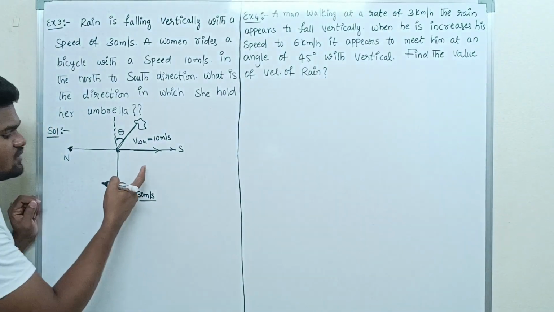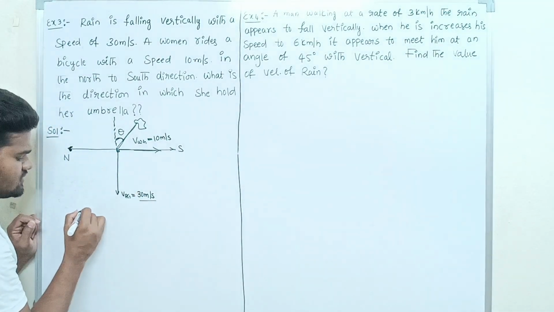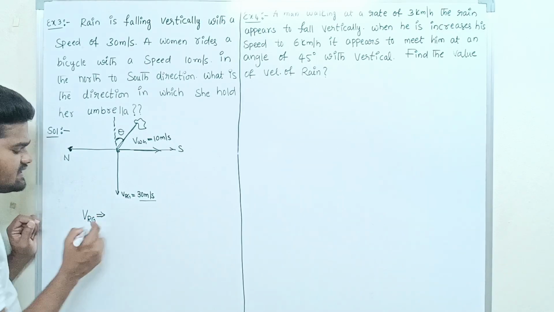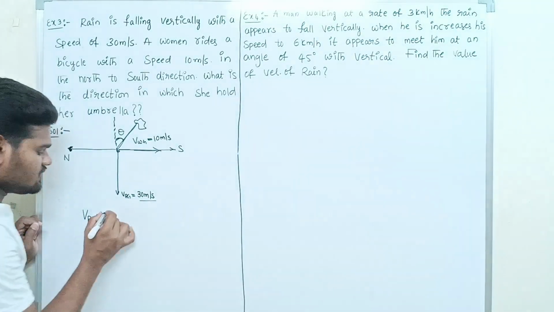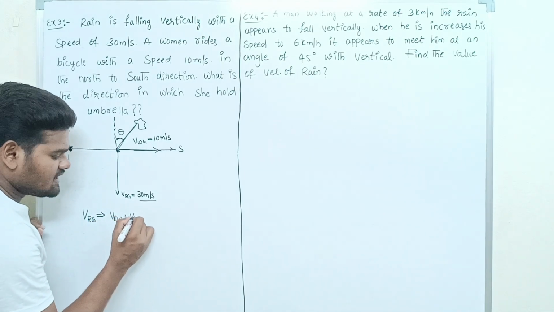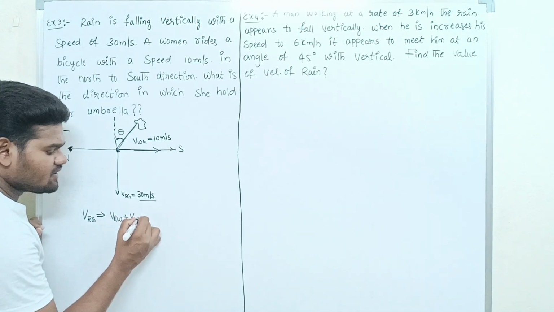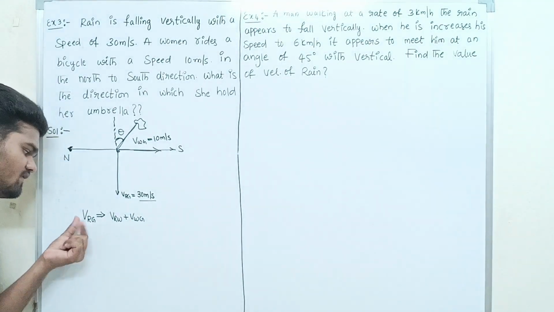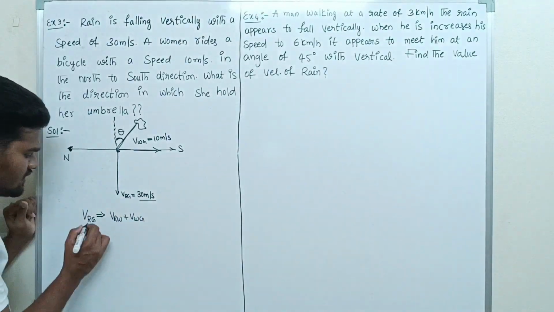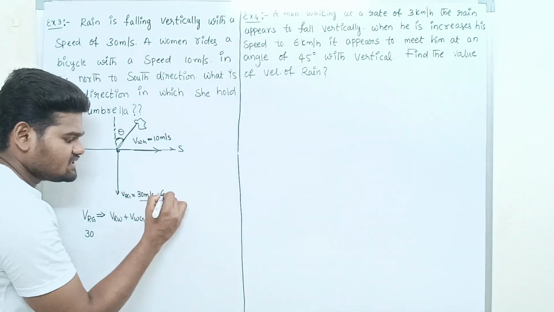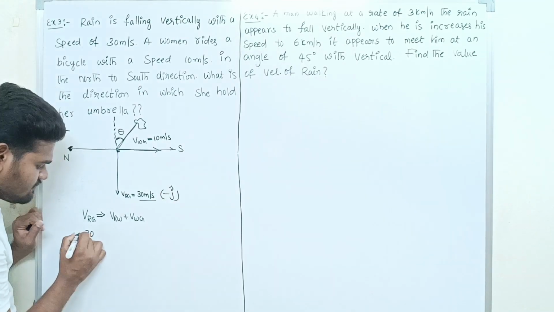Okay, sir. Now to do this problem, I'm just taking the velocity of rain with respect to ground, which equals the velocity of rain with respect to woman plus the velocity of woman with respect to ground. We have the value of the velocity of rain with respect to ground. How much? 30. In a downward direction, what is the unit vector? Minus j cap.